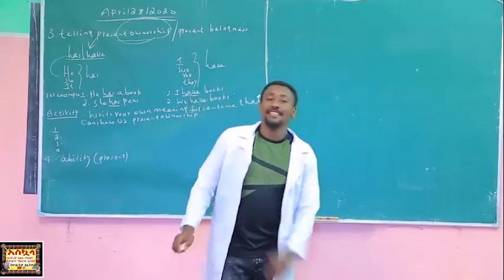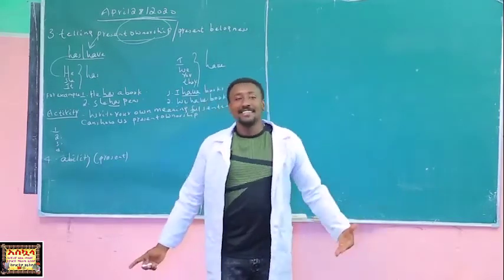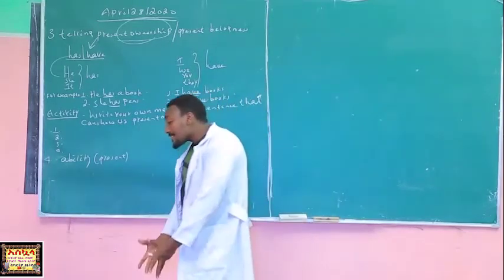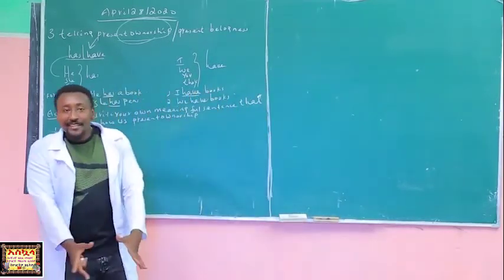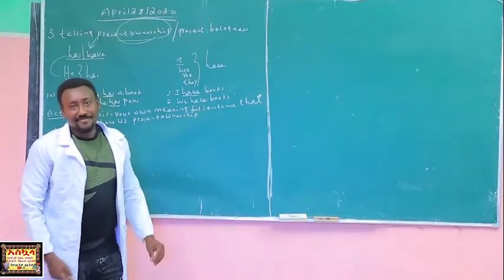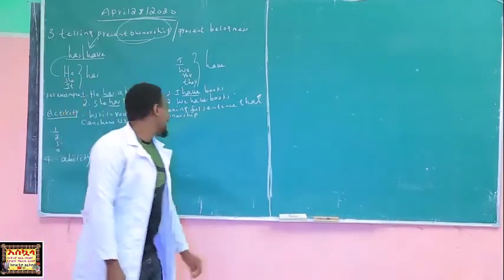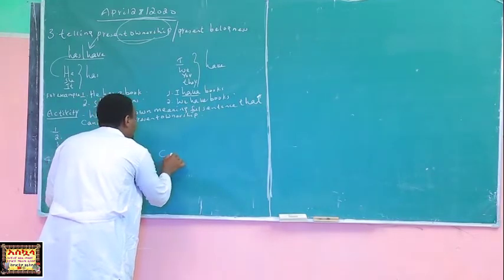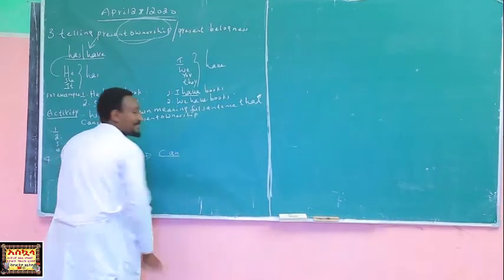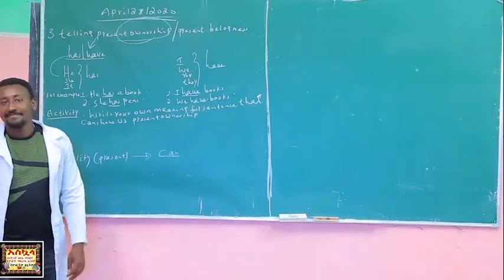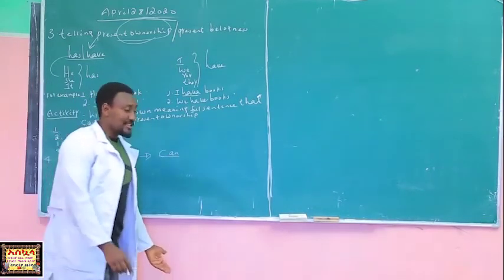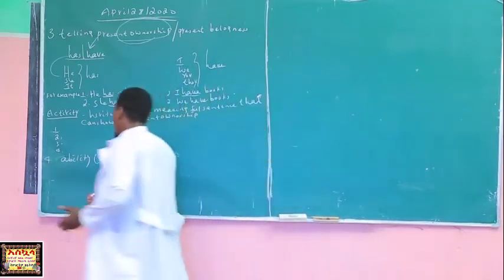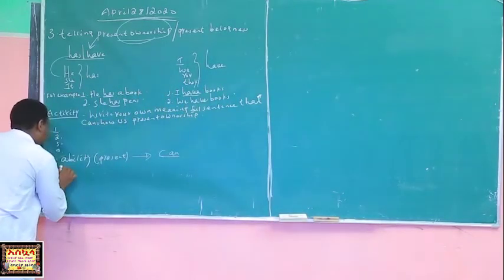Good. Able means the endurance, the performance, the strengths you have. That is present ability. We use the modal auxiliary verb can. I can dance. I can sing a song, you can say. Yes? Students, let me give you an example.